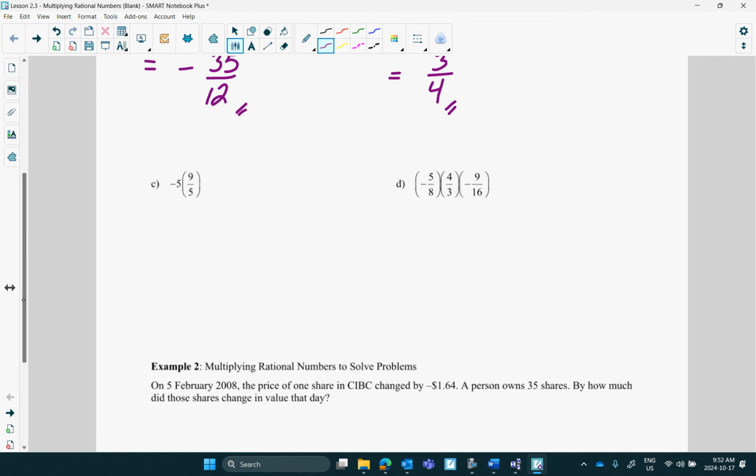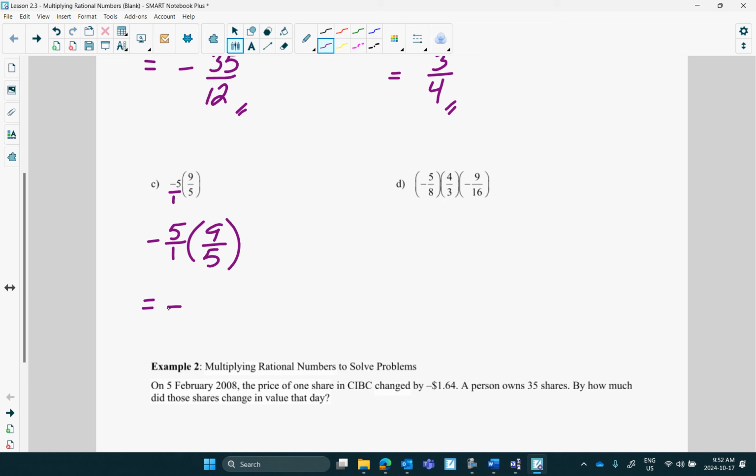What do you want to do with C first? Make it a fraction. Yeah. Put it over 1. Reducing. Okay, this is, oh, sorry. My mistake. Is my answer going to be positive or negative?